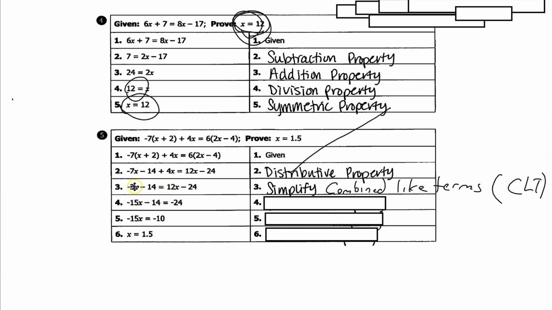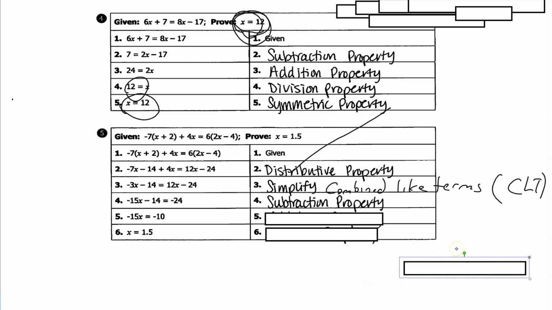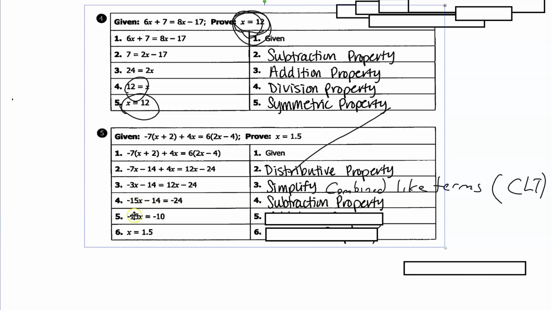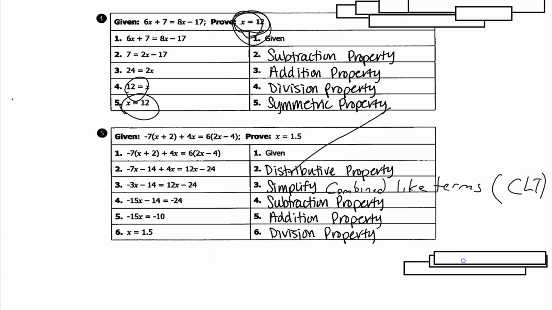Now we have a negative 15x, like this 12x was subtracted to this side. Well, subtraction, that's the subtraction property. Then, finally, we see that this 14, what happened to that? Well, it got added to this negative 24 and got us a negative 10. So that's the addition property. And finally, we divided by negative 15. So that's the division property.